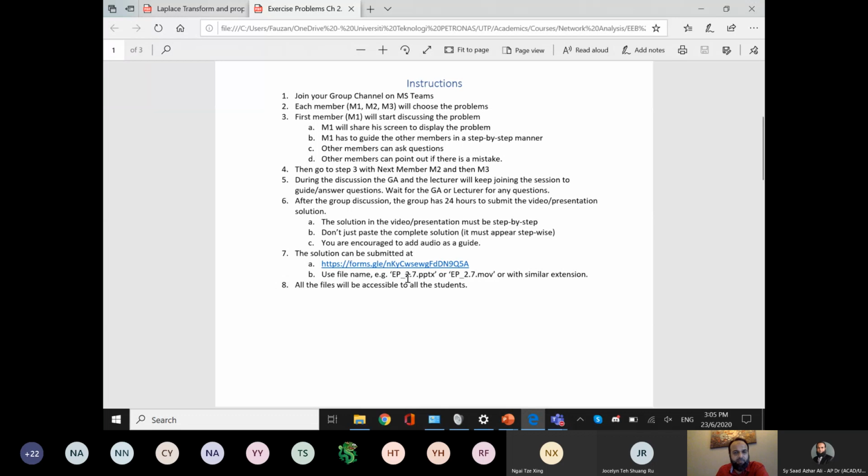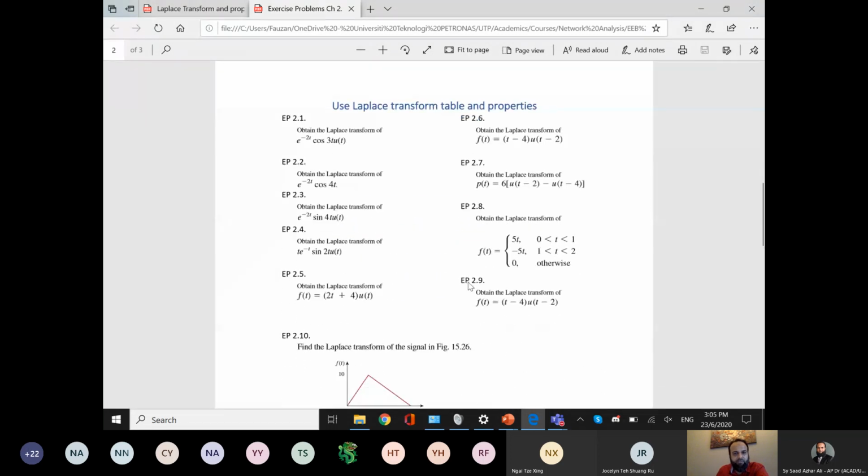Last time it was all very good except you did not save the file name with the problem name. We again have 15 questions, and once again 1, 2, 3 will be M1, M2, M3, and so on. They are all shuffled, so there is no complexity in that. But I want to keep the same M1, M2, M3 for the ones that you used before. And you have to use the Laplace transform table and properties. No need to do them by hand, with integration. All right. Any question, guys?